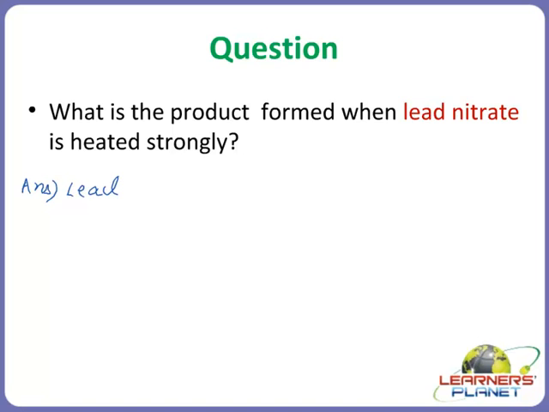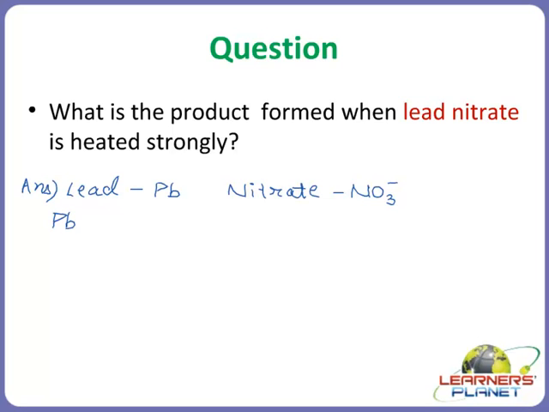It is Pb. What is the symbol for nitrate? It is NO3 minus. Now what is the valency of lead? How many electrons are there in its outermost orbit?